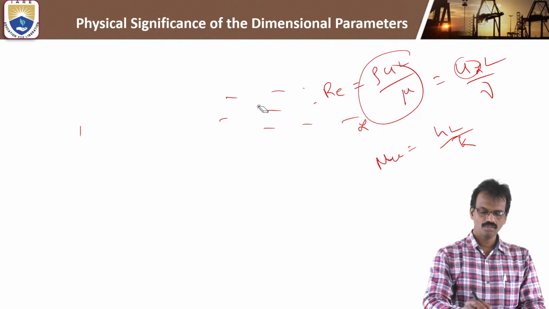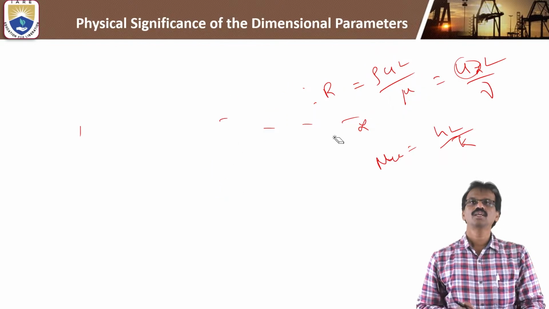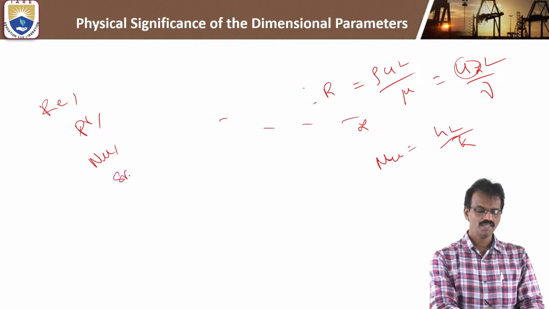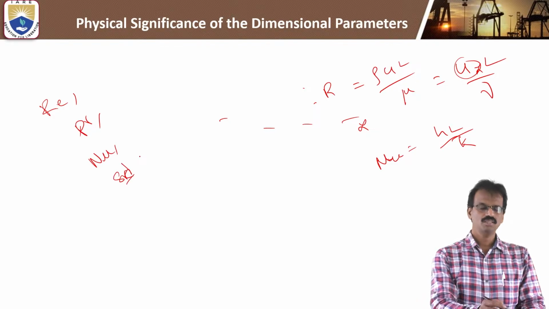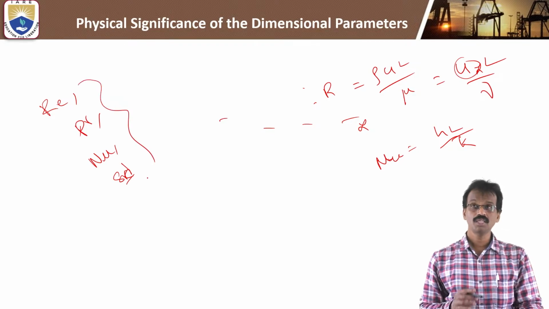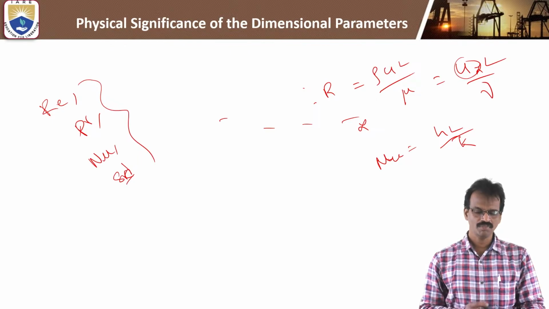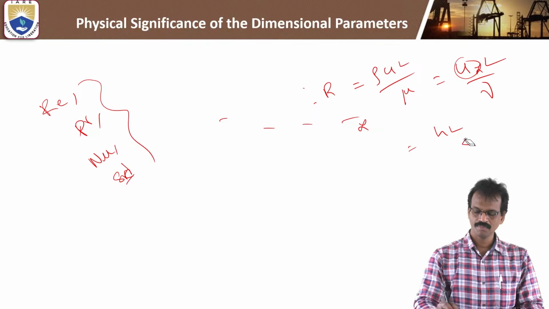So in this class we will see the significance of these dimensionless numbers: the significance of the Reynolds number, the significance of the Prandtl number, the significance of the Nusselt number, and the Stanton number, St. We'll see the significance of these dimensionless numbers in the convection process one by one.